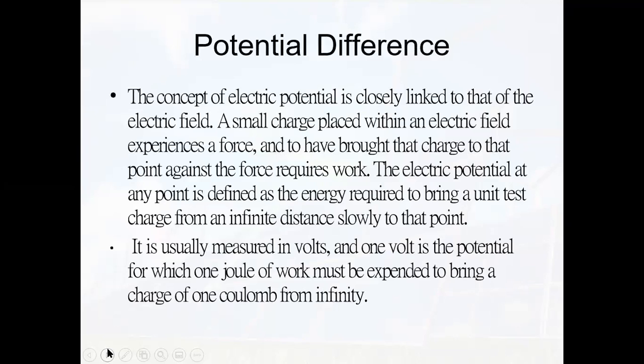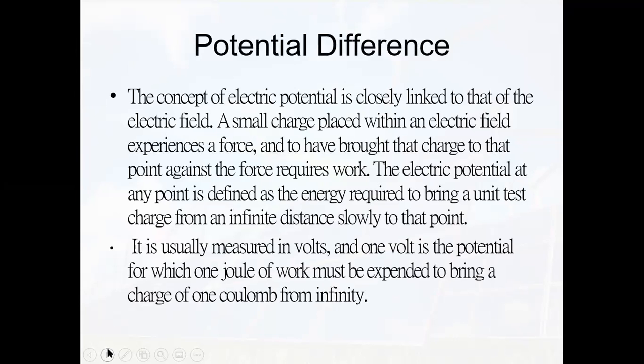Potential difference. The concept of electric potential is closely linked to that of the electric field. A small charge placed within an electric field experiences a force, and bringing that charge to that point against the force requires work.